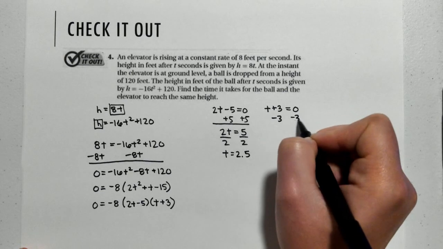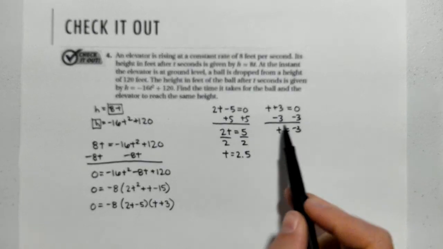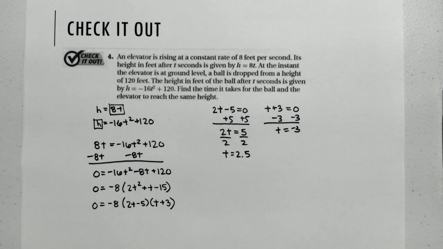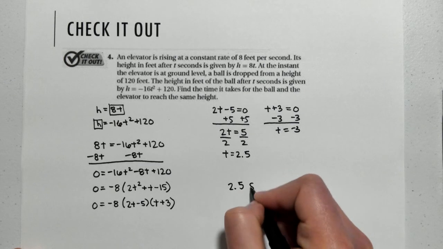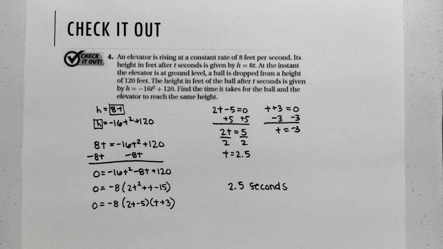Second equation, subtract 3. t equals negative 3. We don't talk about time in negative terms, so negative 3 wouldn't make sense for this real world situation. So the solution is just going to be the 2.5 seconds. So it takes 2.5 seconds for the ball and the elevator to reach the same height.